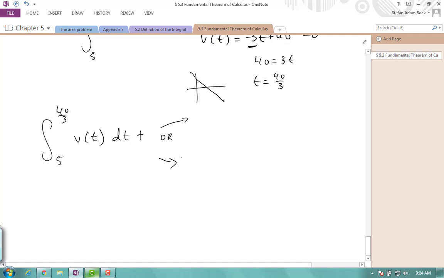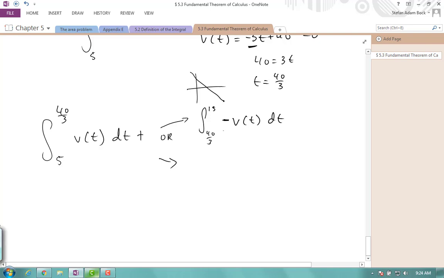I could either say the integral from 40 over 3 to 15 of negative v of t dt. Since my velocity is negative after this point, when I take the absolute value, that's the same thing as multiplying by negative 1, forcing it to be positive.